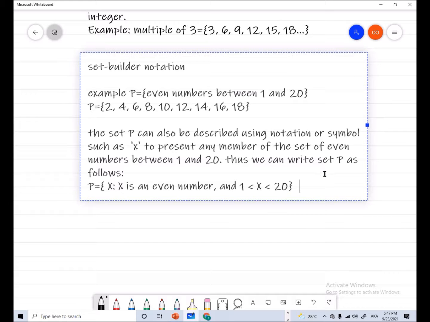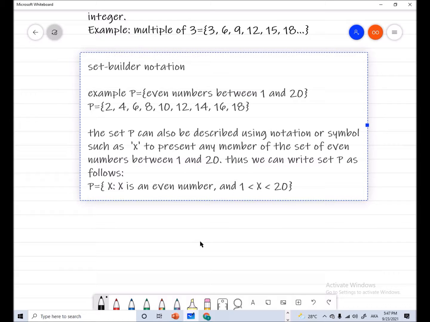So the difference is this: here we are using all 3 properties that we learned for describing sets.